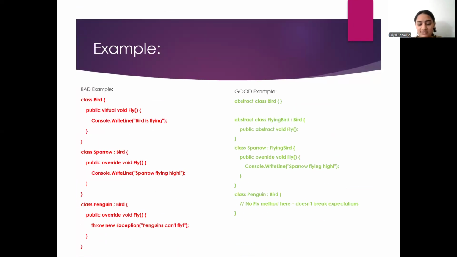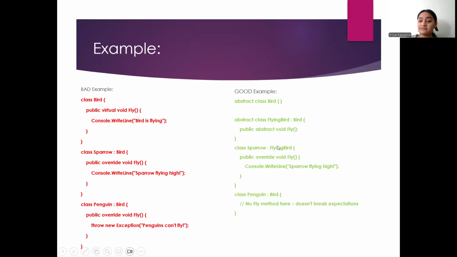Over here in the code example, you can see that the class bird has got a virtual method fly, and now the sparrow is inheriting bird. It can fly high, but the penguin is also inheriting bird, which cannot fly, right? So it is not one of the best examples. What we can do is make the bird class abstract, and then make one other class called flying bird, which would inherit the abstract bird class.